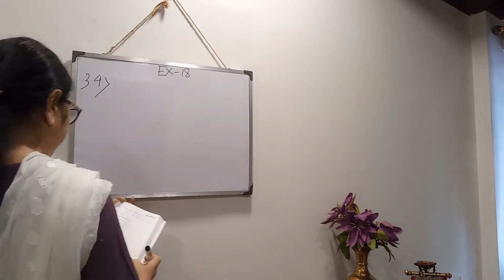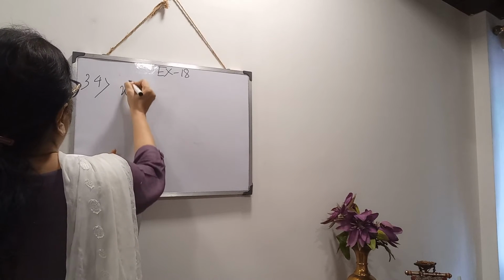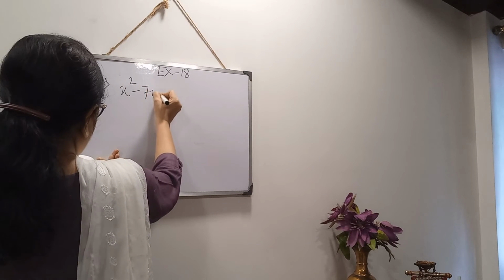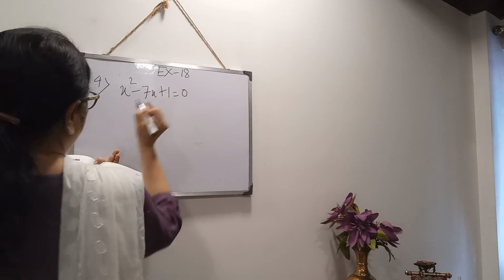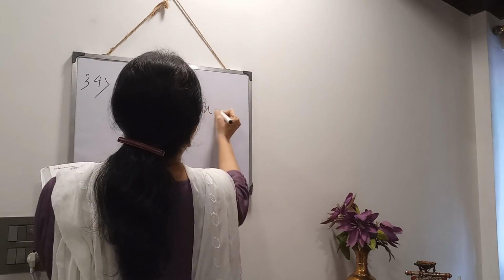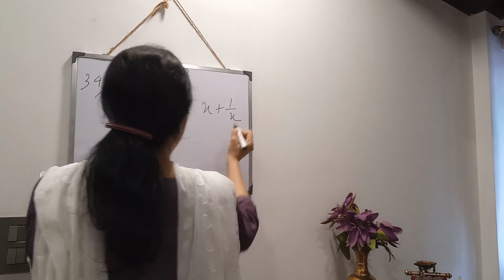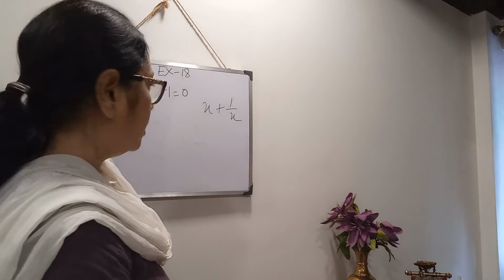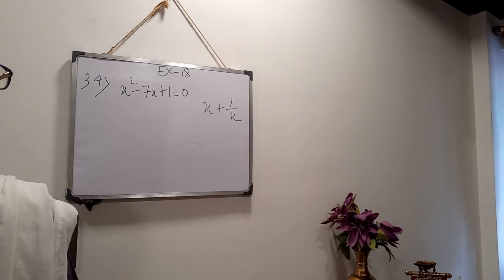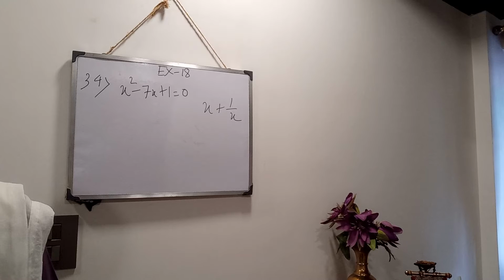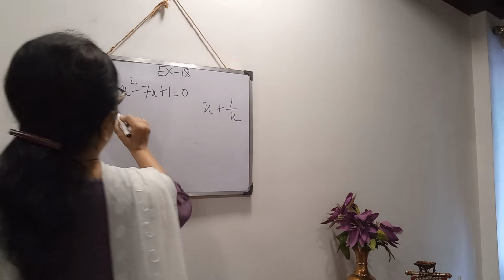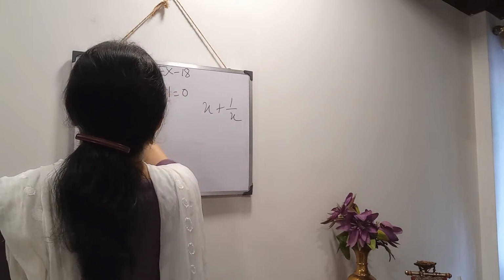You give a star mark. x square minus 7x plus 1 equals 0. It is given. Find the value of x plus 1 by x. Then what to do?